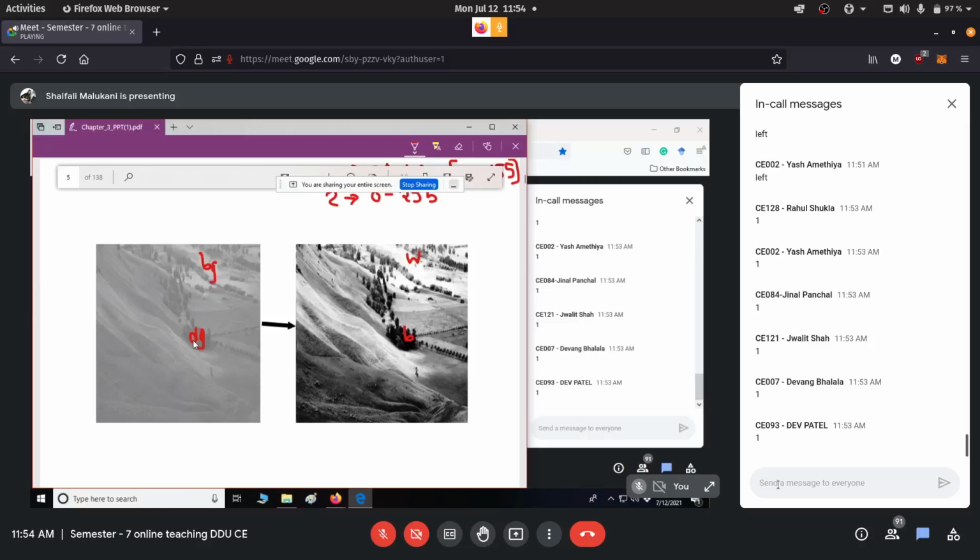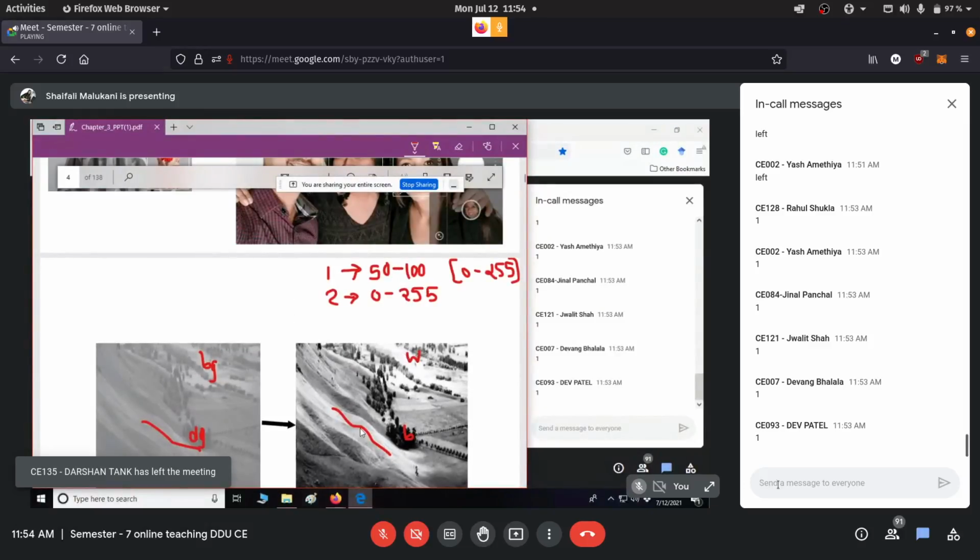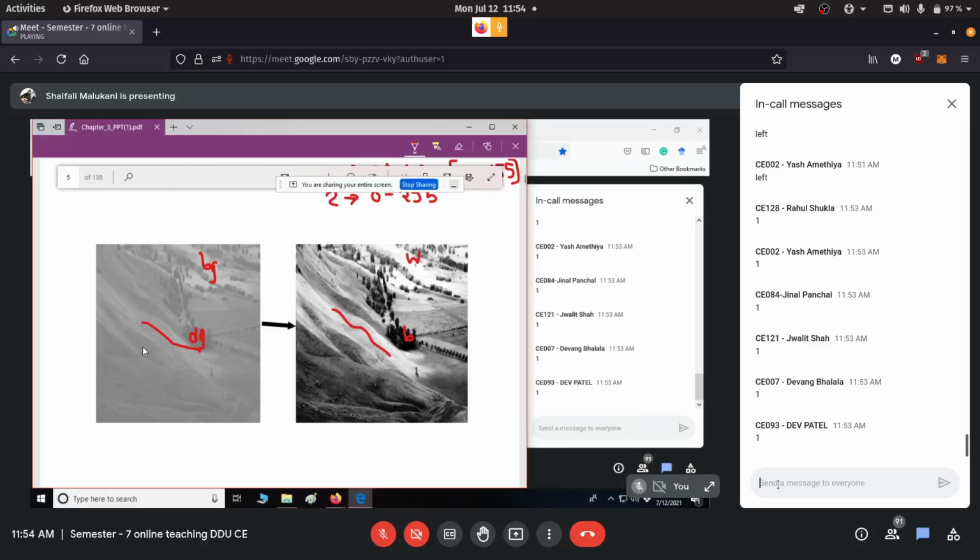That's why you are feeling we have just a gray color in this region, while here we have a white color, and that's why this is looking like a better image. Why? Because the available range of intensities is larger here, while in this case the available range of intensity is lower.